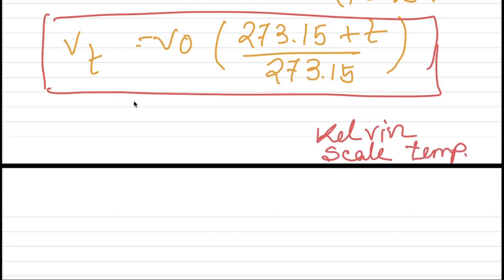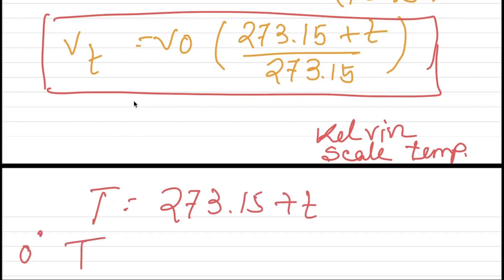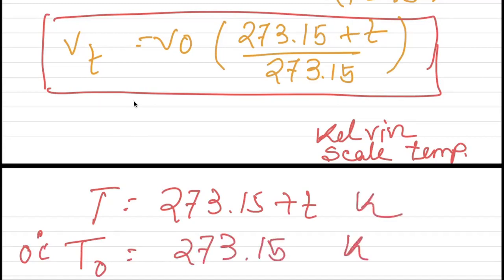Okay, for the Kelvin scale, capital T is equal to 273.15 plus t, where T0 at 0 degree centigrade will be 273.15. It is also in Kelvin.